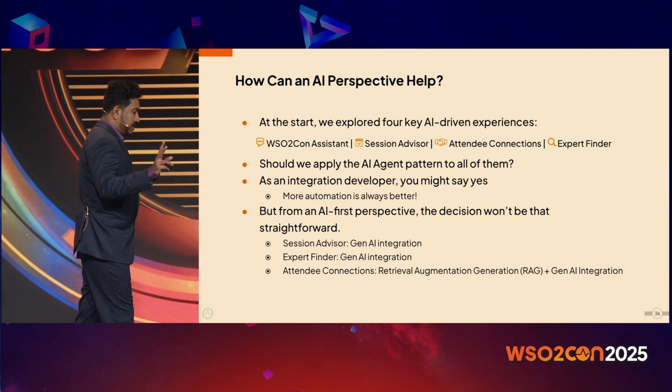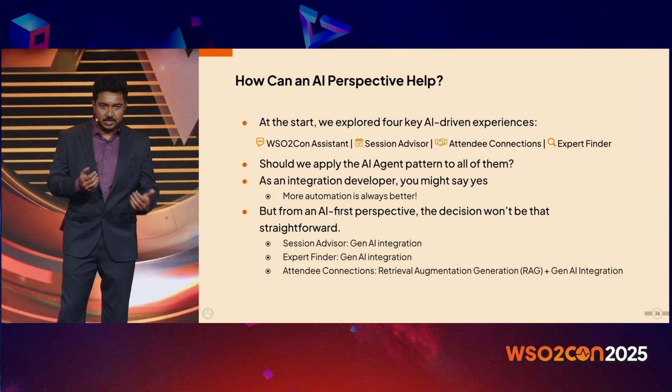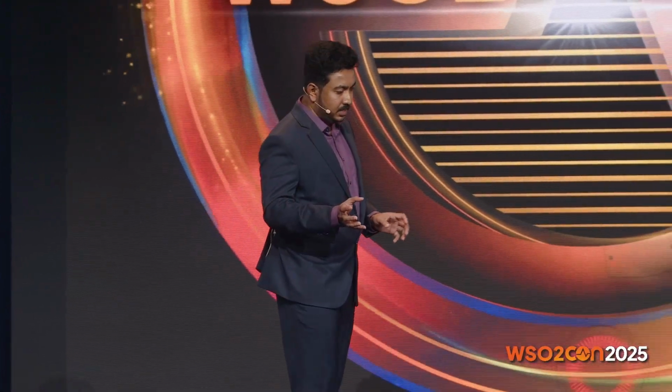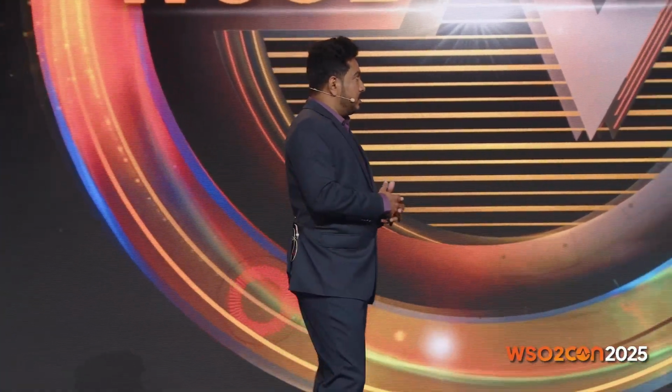So we have 2 pieces of information. One is the agenda. The second is the interest of that attendee. For example, he likes AI, he wants to learn more about AI, or APIM, like that. We have that information. So if we build an agent, we will give all that information as tools to the agent. There are 2 tools then, and then we let the agent figure it out.